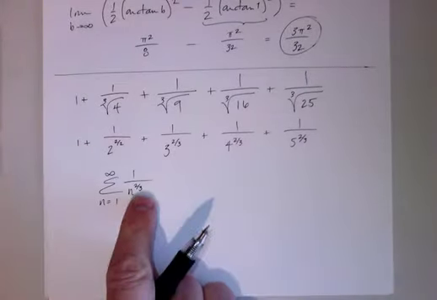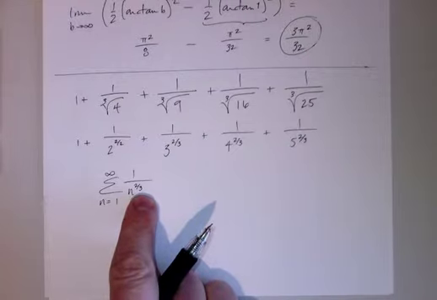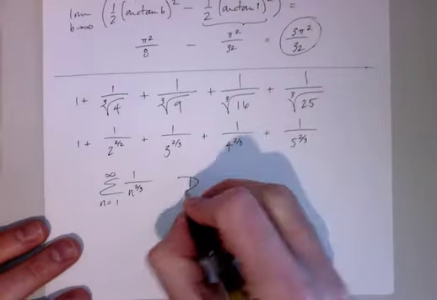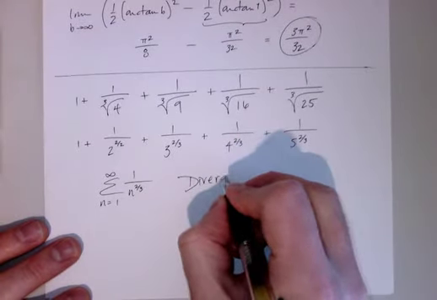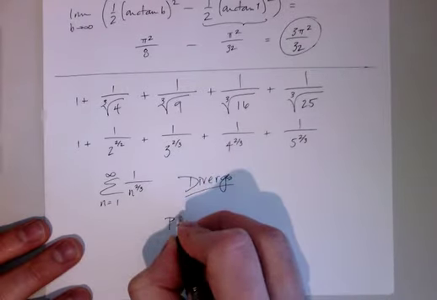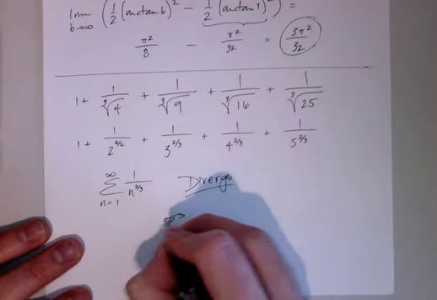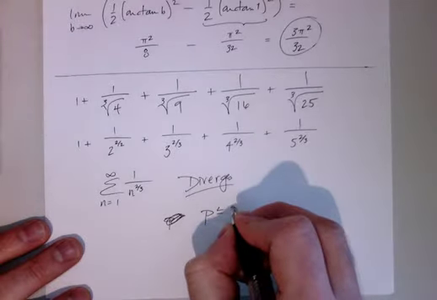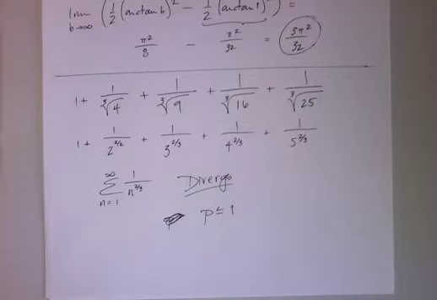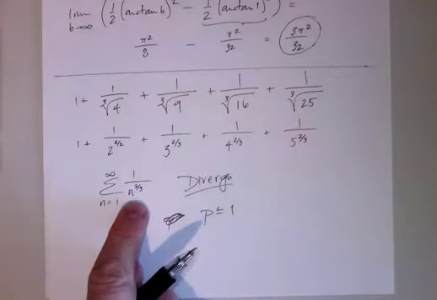That this exponent needs to be greater than 1 for this to converge. This does not converge. This diverges by p-series because p is less than or equal to 1. Remember, it's the same rule with respect to just simple expressions like this.